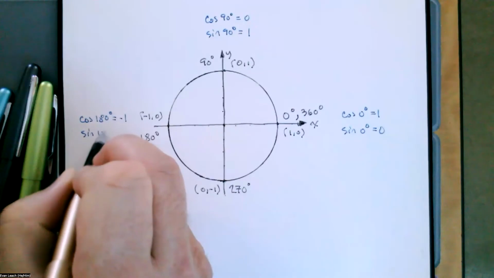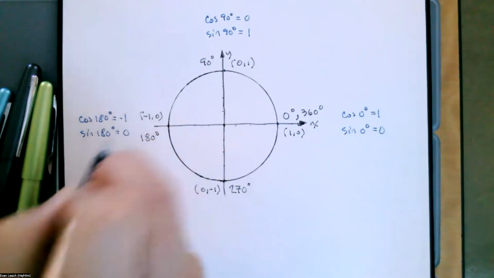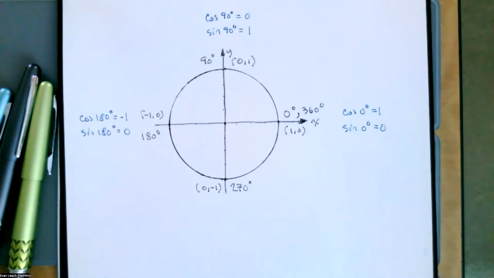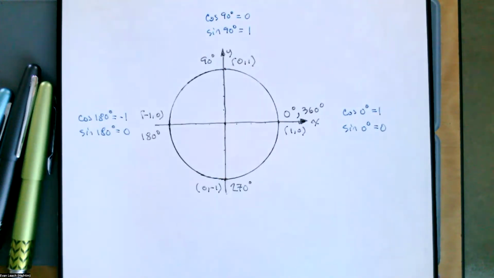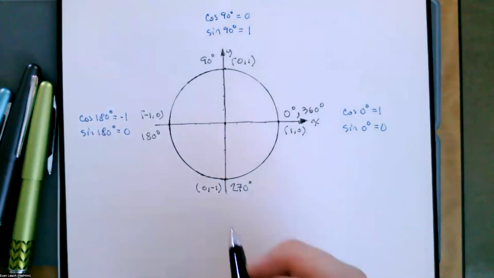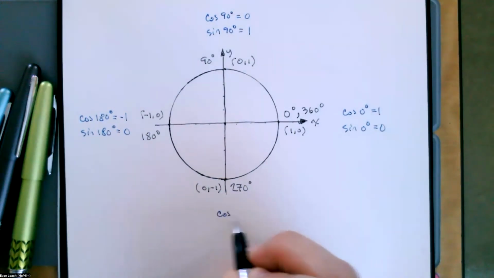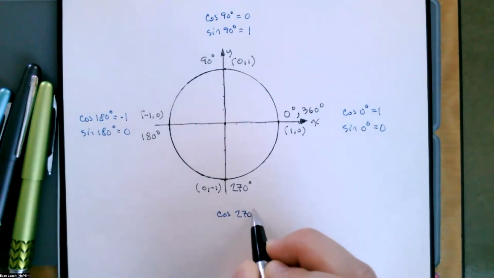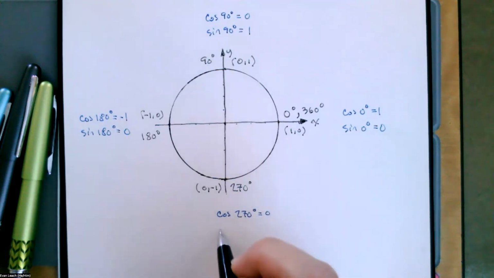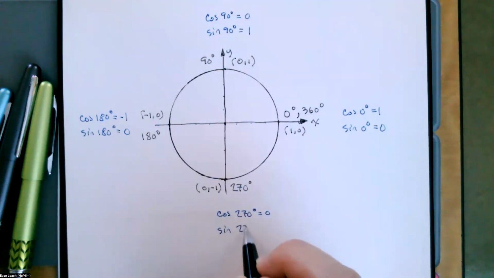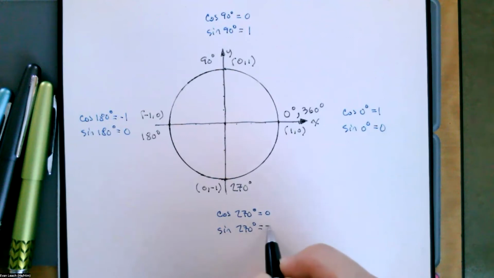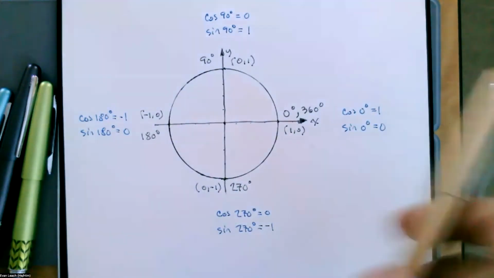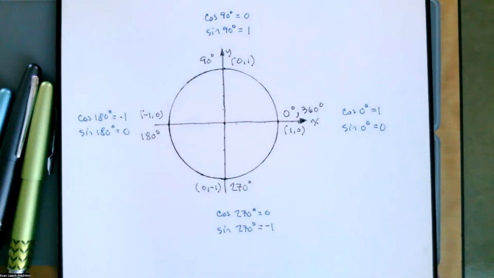Sine of 180 is 0. Continuing around to 270, cosine of 270 is 0. Sine of 270 is negative 1. When we keep going back up to 360, cosine of 360 is back to 1. Sine of 360 is back to 0.